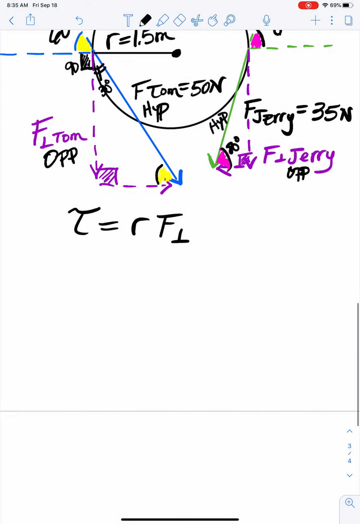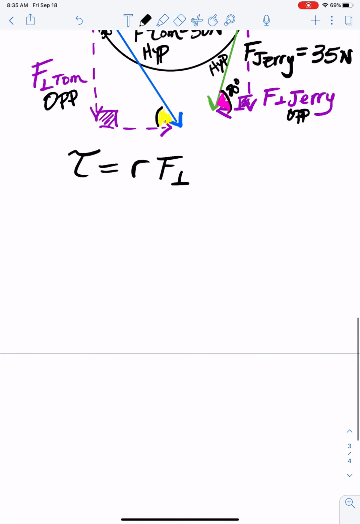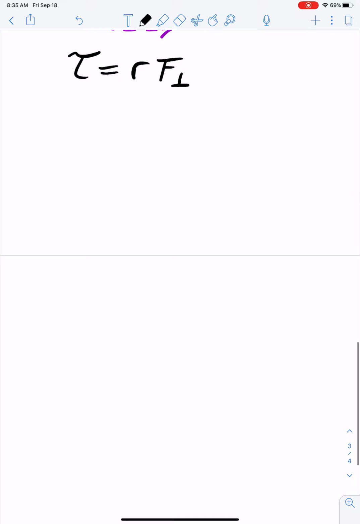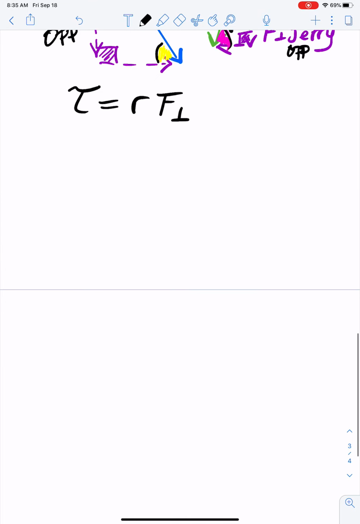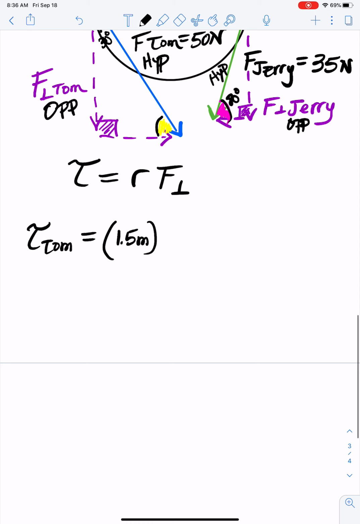All right, so now we can say the torque caused by, it doesn't matter who we go with first, we'll go with Tom. Torque caused by Tom is equal to R, which is 1.5 meters, times F perp. And what is F perp?